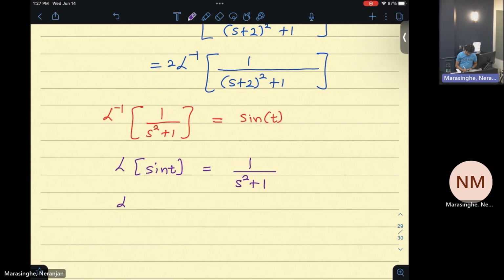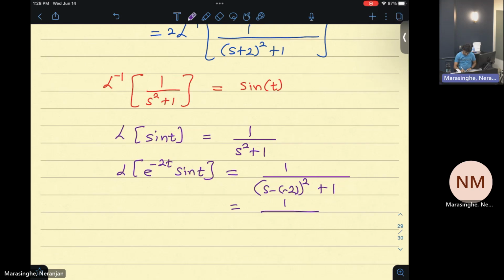So what is the Laplace of e to the minus 2t sine t? By the first translation theorem, when you are multiplying by exponential, what would happen to your Laplace transform? That would be translated by, in this case, minus 2 units. So you would get 1 divided by s minus minus 2 square plus 1. Okay.